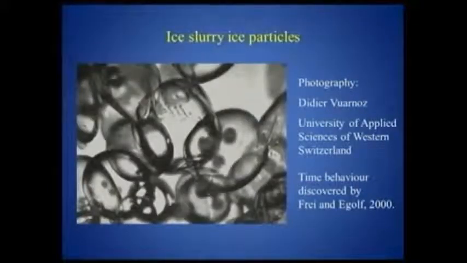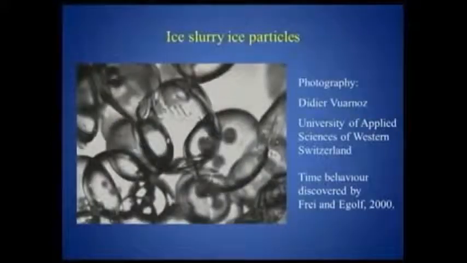Ice slurry in a microscopic picture looks like that. Because of the additive, which can be an alcohol or other substances, there are many different additives, they become rather spherical, and by this naturally also the viscosity is not so high. I'm a little bit proud because I, with a student of mine, Beat Frey, was in the lab in the morning at 4 o'clock, and we saw that the viscosity always changes, and by this we discovered the time behavior.